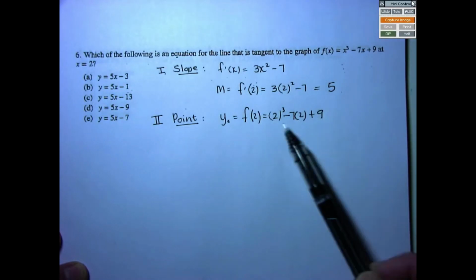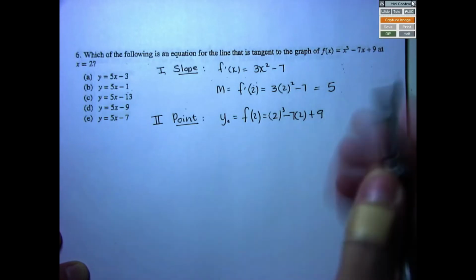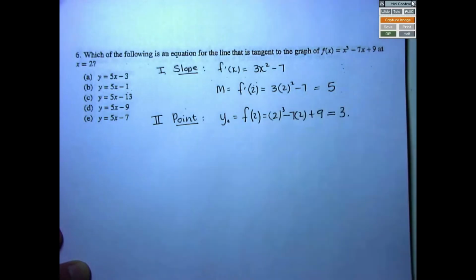No, I did it wrong. 8 and 9 is 17, minus 14 is equal to 3. You guys get 3? So I get that y naught is equal to 3. So that means the point that we're passing through is the point 2, 3.